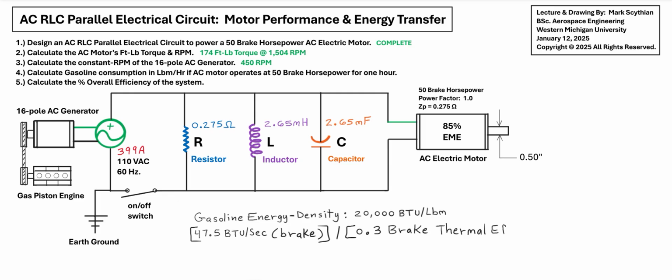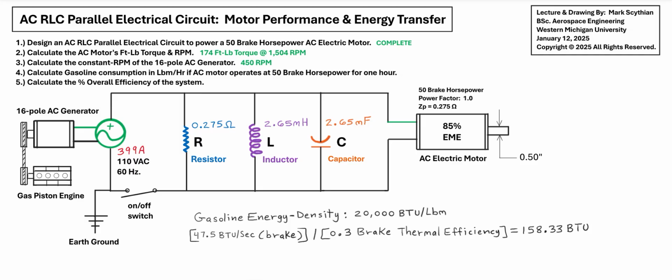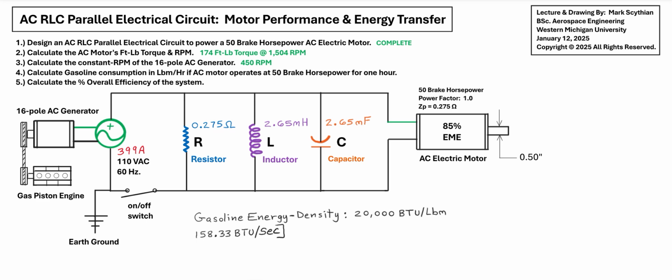So we divide that 47.5 BTUs per second brake value by the 30% brake thermal efficiency of the gasoline piston engine. So this is requiring 158.33 BTUs per second in the form of burning gasoline, then divided by the energy density of gasoline, 20,000 BTUs per pound.